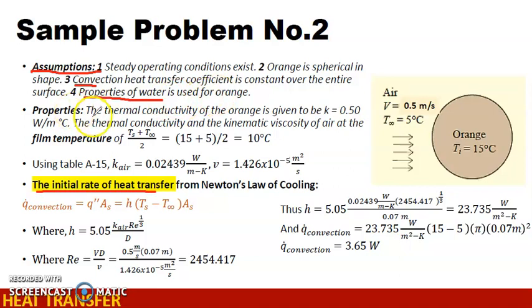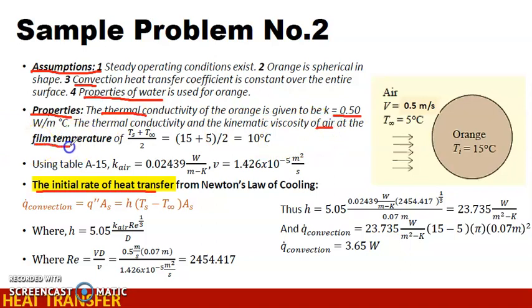So the properties that we will use in solving this problem are first your thermal conductivity K, which is given. That's the thermal conductivity of the orange, 0.5 watt per meter degree Celsius. However, to get the thermal conductivity and kinematic viscosity of air, we need to solve first the film temperature.